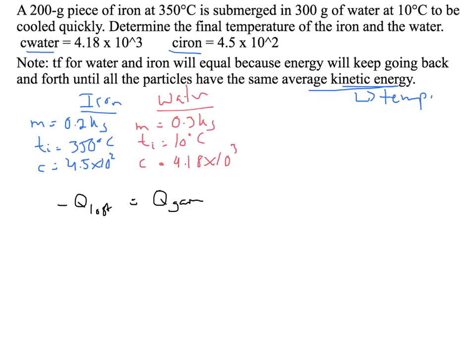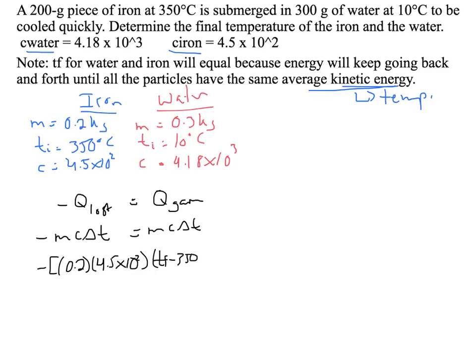Now on the left side we have MC delta T, because Q equals MC delta T. On the right side we have MC delta T. On the left side, remember that's negative, so let's put a negative out here. We'll put some square brackets. And we'll put the mass. We know the mass is 0.2. We know the C is 4.5 times 10 to the 2. And we know delta T is TF minus 350.